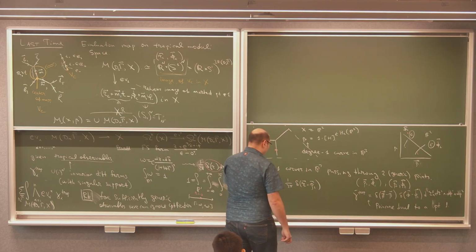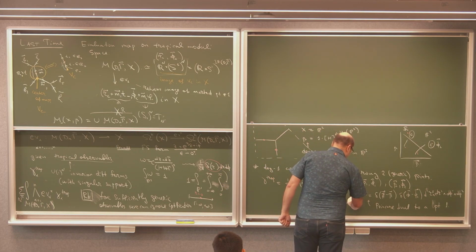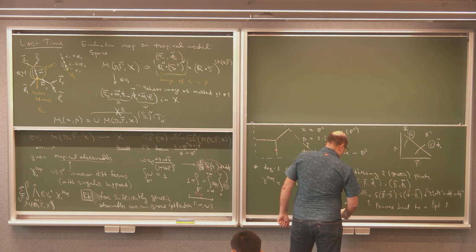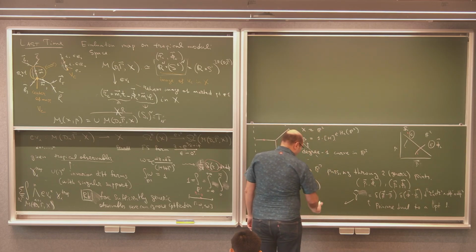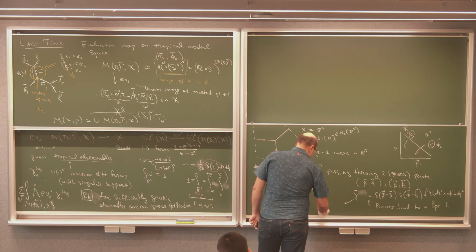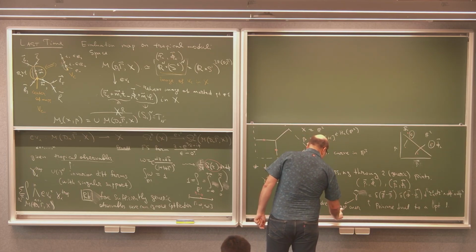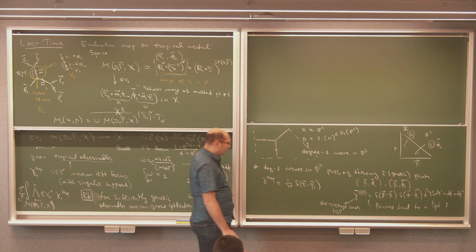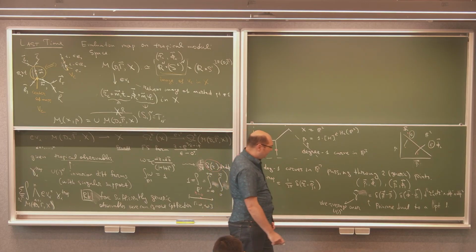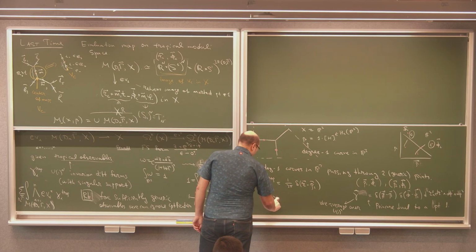So to get a corresponding tropical observable, what we can do is average over the U1 square action. U1 square is a compact group, so it has finite volume. So what we can do is take this form gamma tilde.